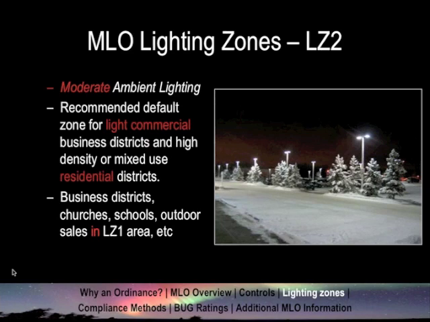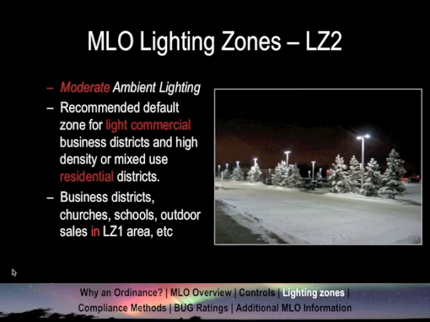This would be a great lighting zone for a light commercial area or a place with a lot of business districts. It's definitely a lighting zone if you've got a lot of mixed-use residential areas. And mixed use, of course, is where you may have commercial on the first floor and apartments or condos on the second floors.